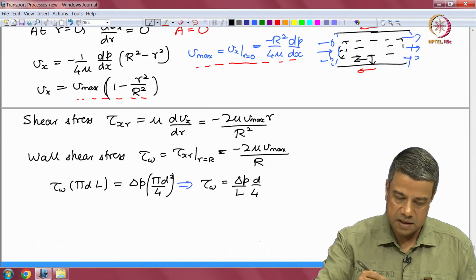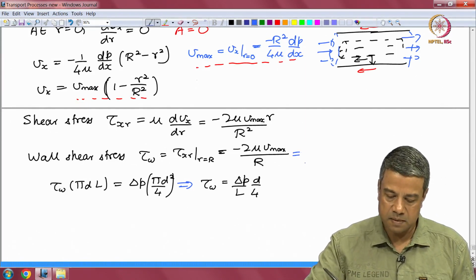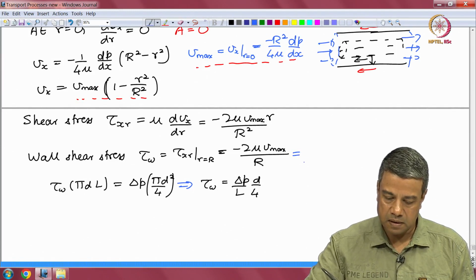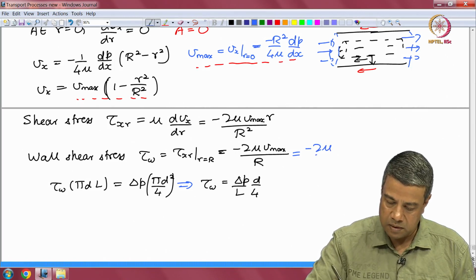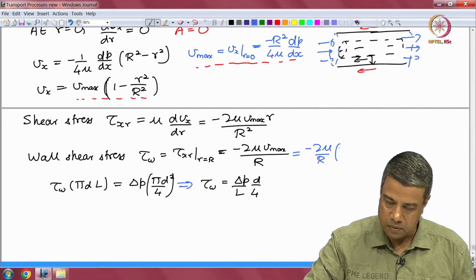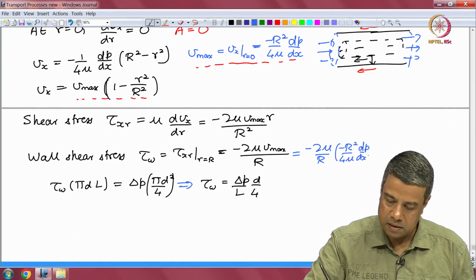If you examine this expression for the pressure difference, and I express this in terms of the Vmax in terms of the pressure, I will get minus 2 mu by R into minus R square by 4 mu, dP by dx.